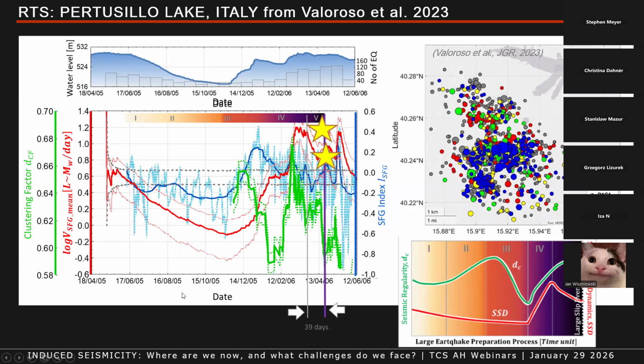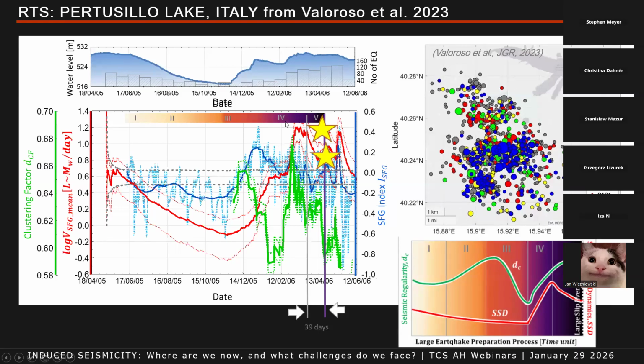And here you can see red color means the behavior of the SSD parameter. The green one is the DC. And the two yellow stars are the strongest earthquakes recorded in the catalog. And you can see that before these earthquakes, we again see a low value of DC.